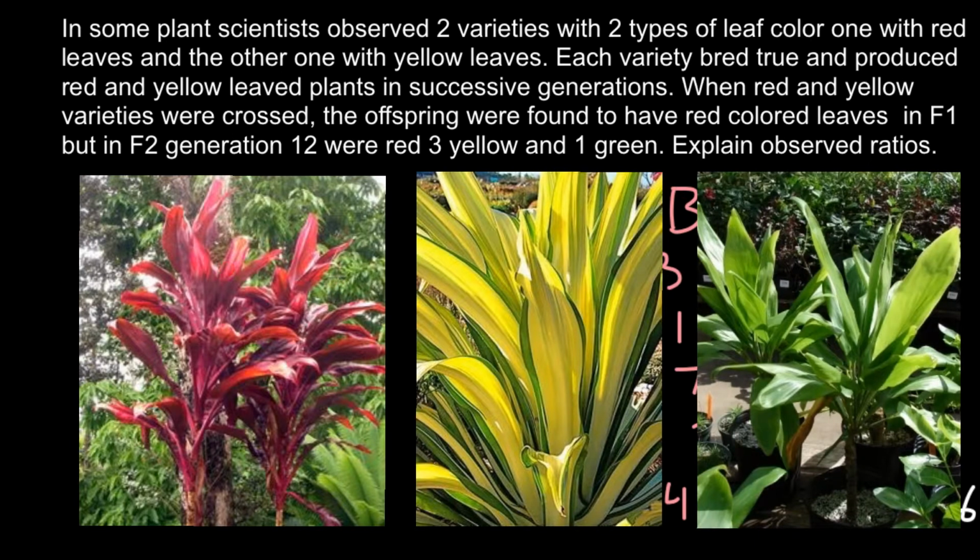Especially I like these red and yellow varieties because they would look nice during any season of the year, and they do not have to bloom in order to look beautiful. By the way, the blossoms of this plant are very small, so basically we enjoy the appearance, how the leaves look, and not the flowers.